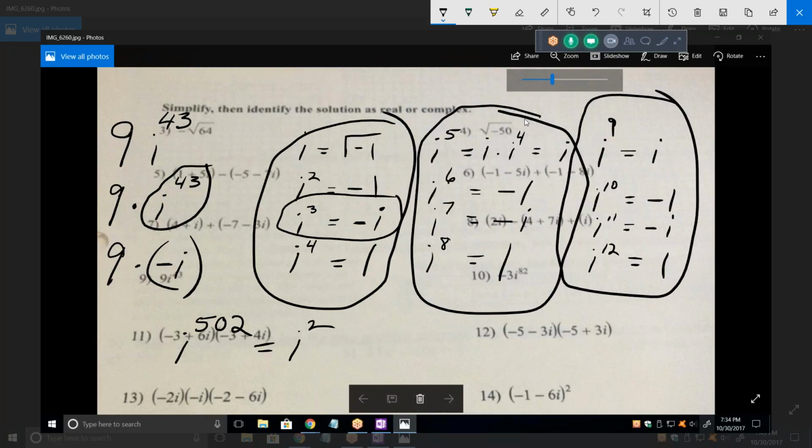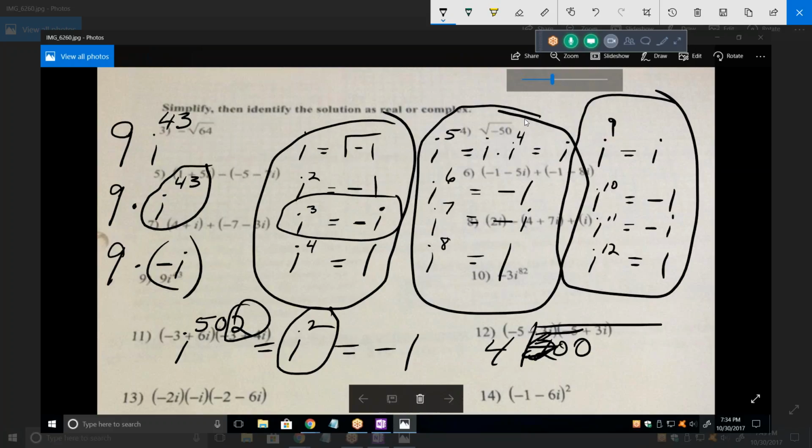Know that 4 goes into all hundreds evenly. So when you're dividing into a 3-digit number, your remainder is that. Okay. And that is what you put. In other words, i to the 502nd is the same as i squared, which is -1.